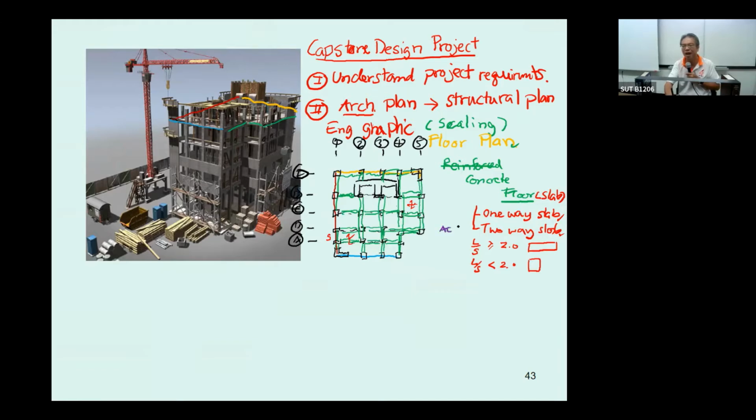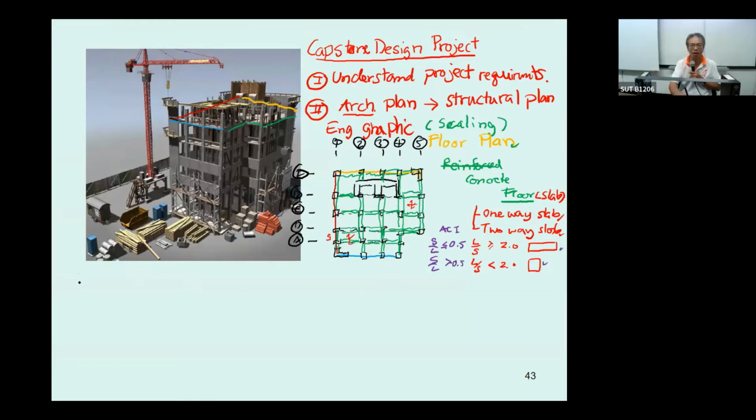The ACI checks the short over long. That means if it is less than or equal to 0.5, it is going to be a one-way slab. If short over long is larger than 0.5, that is going to be a two-way slab.